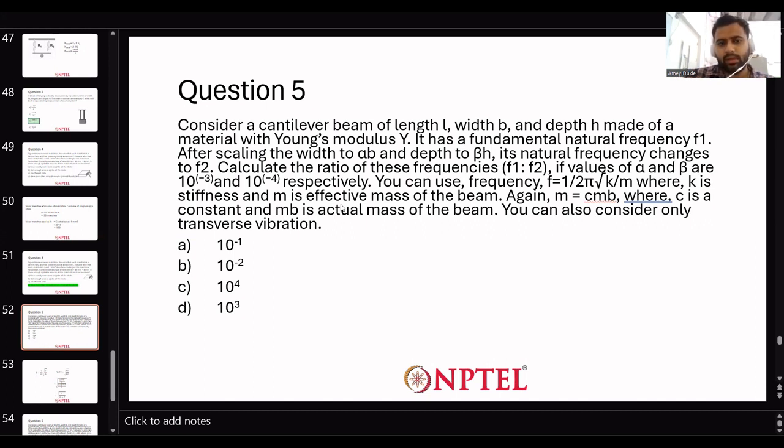When the frequency of vibration and the natural frequency match, there will be resonance occurring in that body. So for this, the formula is 1 by 2 pi root over k by m, and from that we can find the resonance frequency.